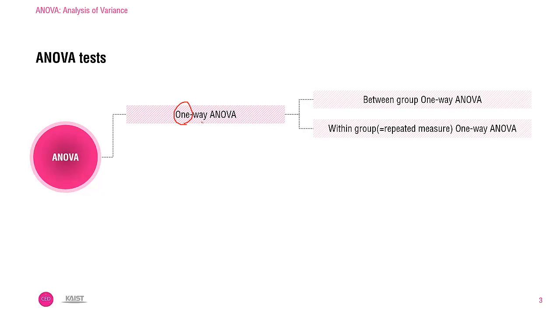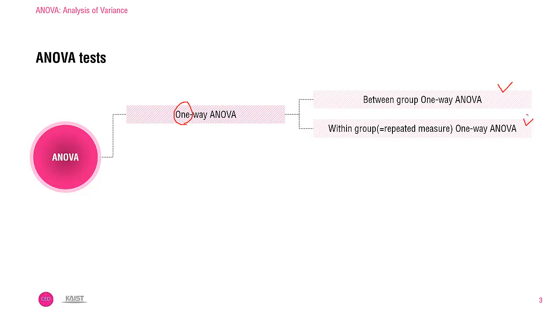When the dependent variable was measured by independent samples, then the between group one-way ANOVA is a right tool. But when the dependent variable was measured by the same samples or same groups or same people, then the within group or repeated measure one-way ANOVA is more correct.